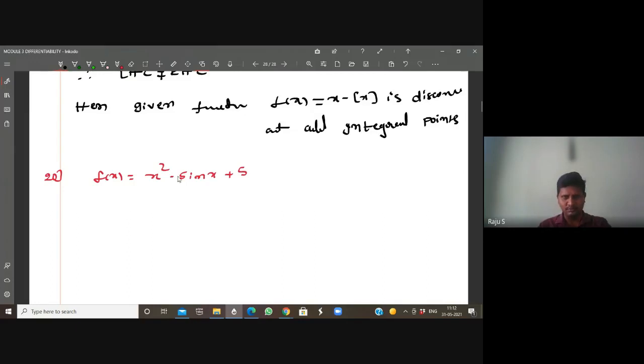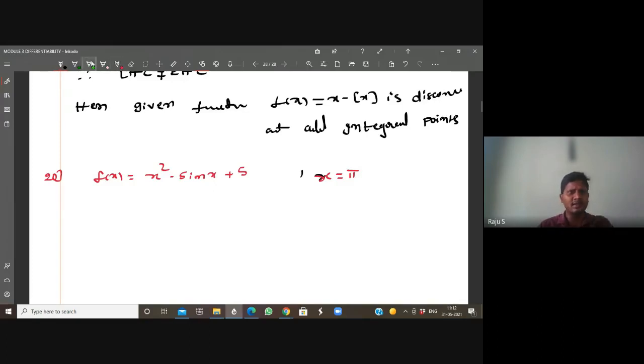Okay, students. So x square minus sin x plus 5, I want to check whether it is continuous at x equal to pi. If they give this question for 2 marks, what steps do you need to write? Clearly, is it continuous?